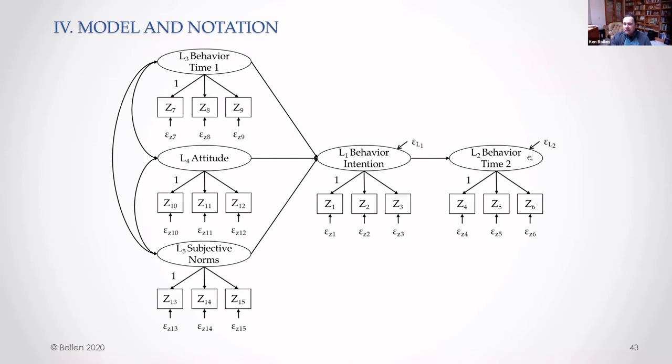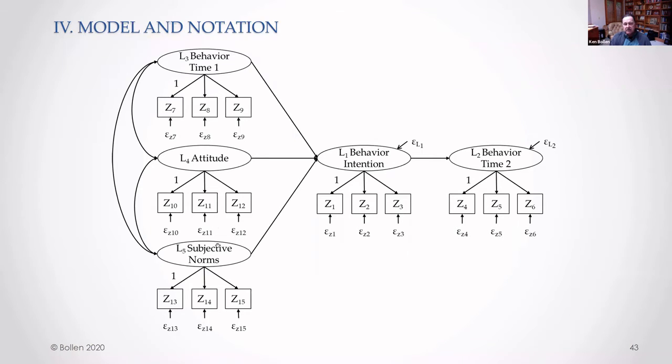So in this diagram, we have two endogenous variables. We have L1, behavior intentions. Why is it endogenous? Because we've got three other variables that are influencing it. And we have a second latent endogenous variable, behavior at time 2, because it is dependent on behavior intention, L1. The three exogenous variables in this model, exogenous latent variables, are the behavior at time 1, attitude, and subjective norms.